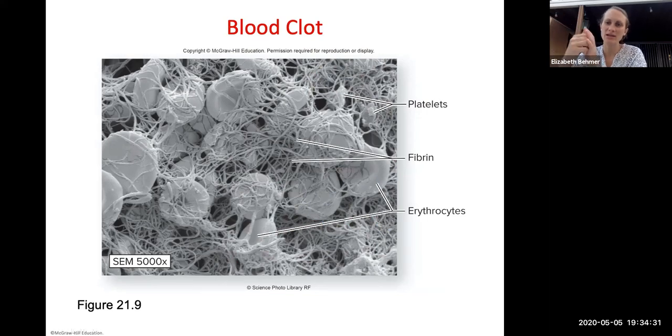And again, clotting the blood is important in areas of damage. If you need to stop bleeding, it'll form this clot. What's scary then is if this clot forms and then travels to parts of the brain or your lungs, and then it sort of blocks your arteries or areas in your lungs.